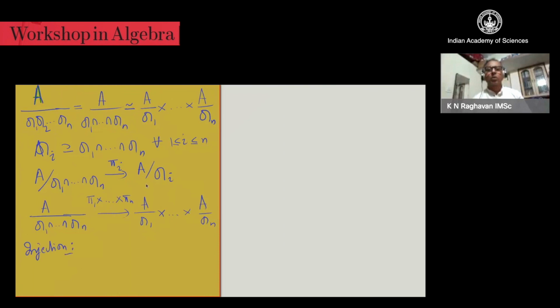Right. So you have a ring homomorphism. You can even think of this as A going to A mod A1, ..., A going to A mod AN, and then you have a map from A to the product, which is pi 1 plus ... plus pi N. Suppose something goes to zero there; that means its image in A mod A1 is 0, and so on until its image in A mod AN is 0, which means it precisely belongs to A1 intersect ... intersect AN.